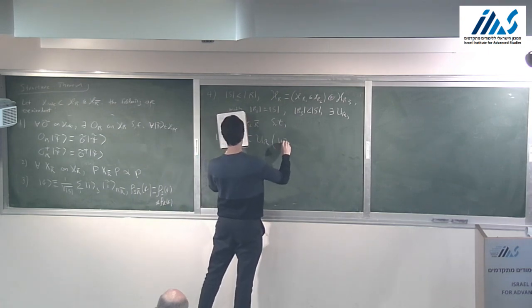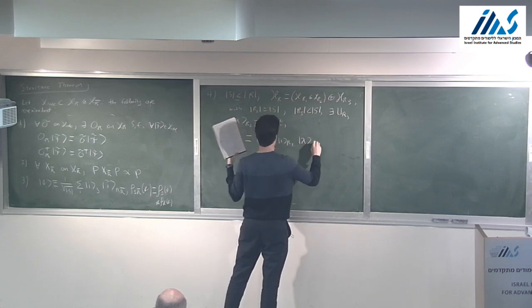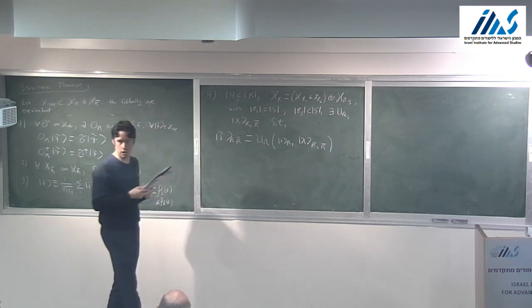So we have I on R1 times chi on R2 R bar with a unitary acting on R.